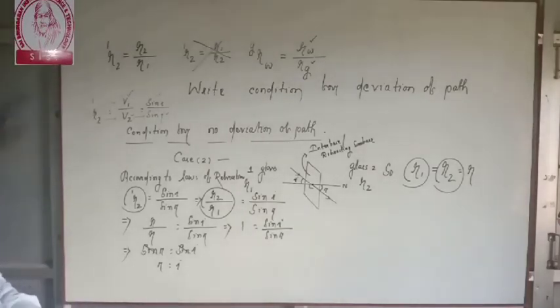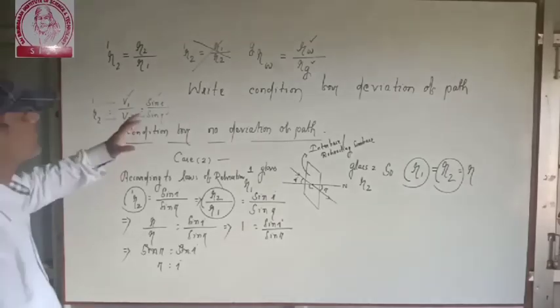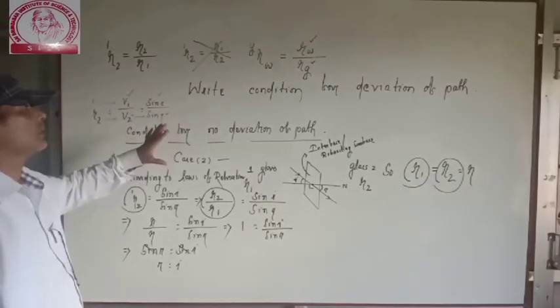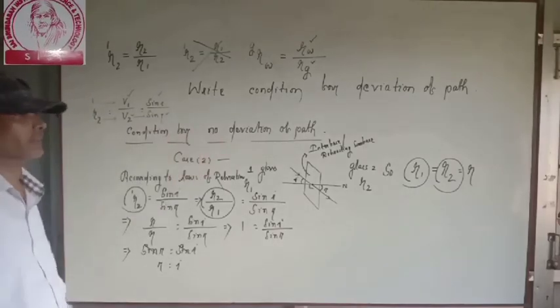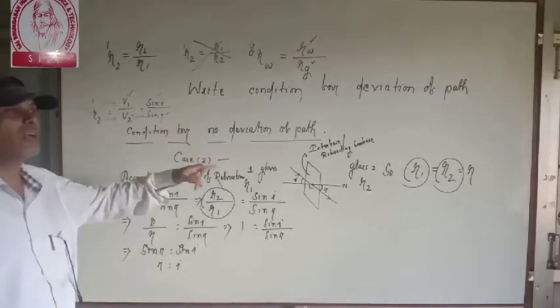So, the conditions for no deviation of path are over. Now, the condition for deviation of path.